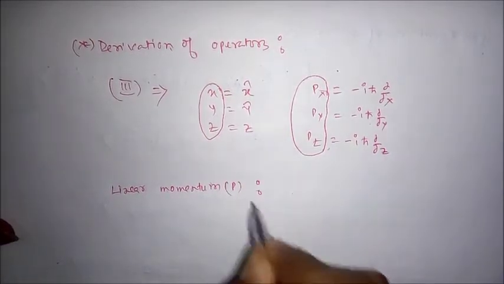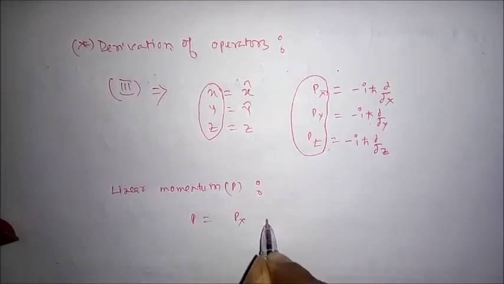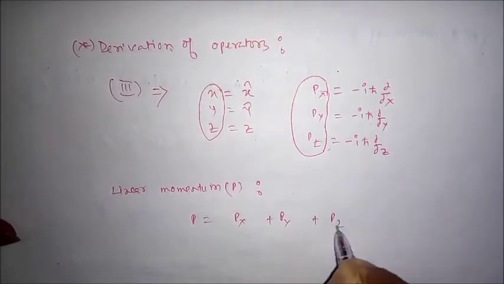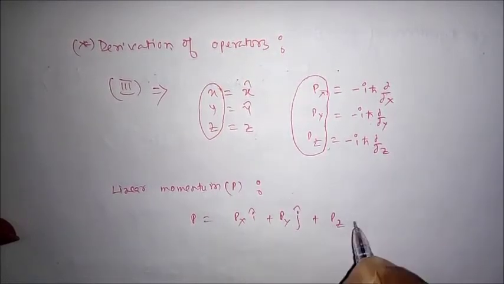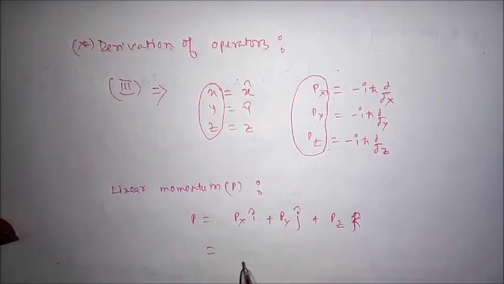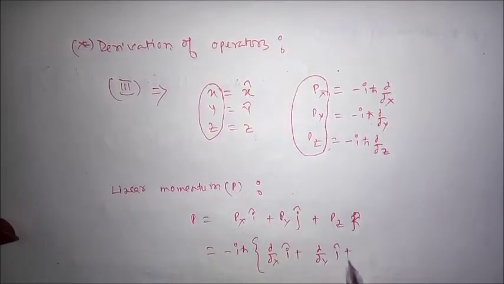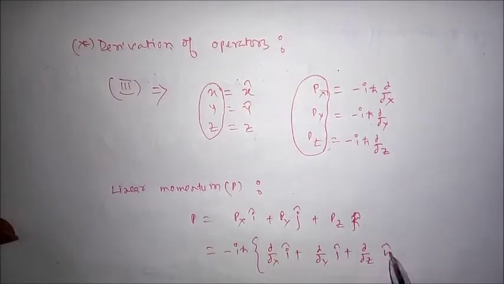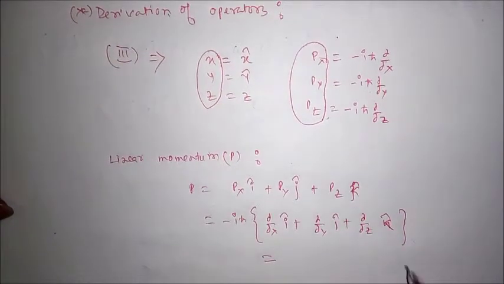Linear momentum is given by px, py, pz, along the unit vectors along x, y, z. All three terms have the same common quantity, so we can write it as ∂/∂x i-cap, ∂/∂y j-cap and ∂/∂z k-cap. So this is the operator for linear momentum.